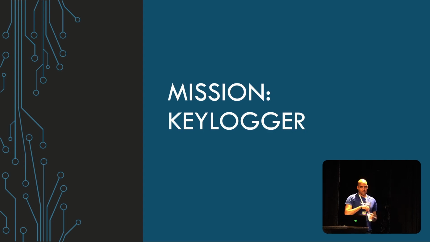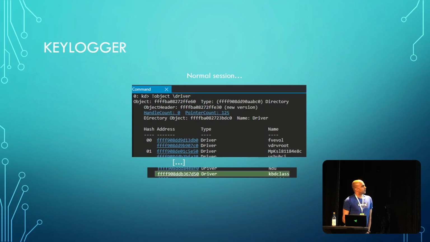Let's now look at a keylogger. I'll try to oversimplify this. So the way it works, and this is a gross oversimplification, is you will load a driver that will create device drivers. Let's just call them devices.